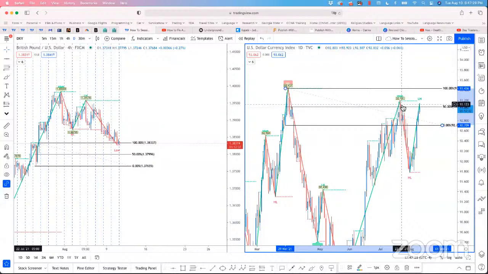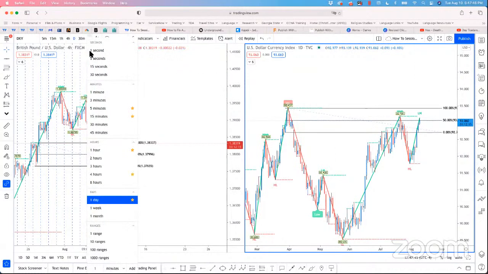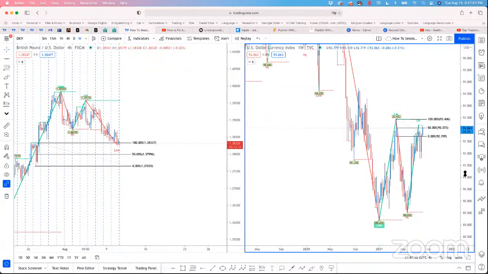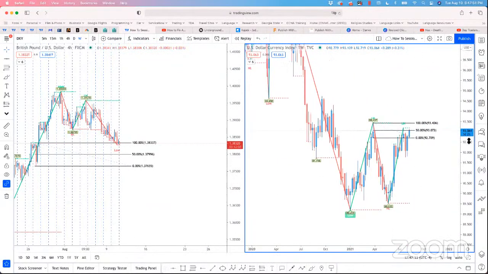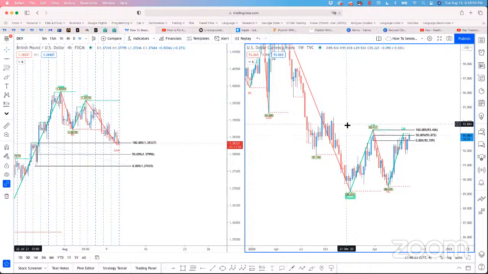We already rejected it one time, and we're rejecting it right now as we speak, but we haven't got that real push down because we got a couple things in play. We still got to consider there is also one here and here on the weekly that it might be responding to, this little area right here.